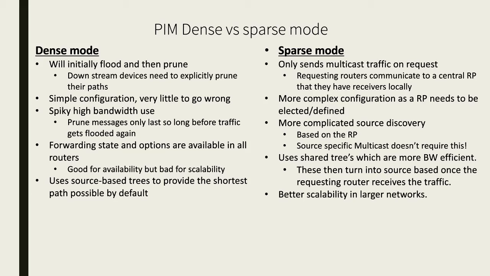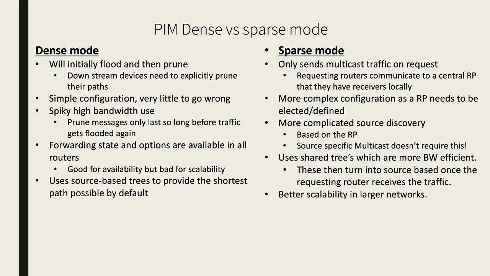As a result, we're sending one copy of that traffic across that path towards the rendezvous point, regardless of how many destinations are interested. Now, once a destination router is actually receiving that multicast traffic, it can set up a source-based tree or source-based path back to the originating router if it thinks that the current path is inefficient and not the best path.